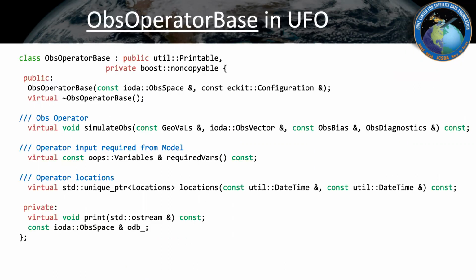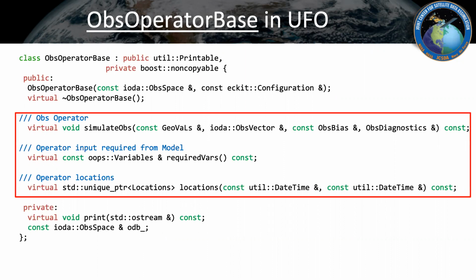So now that you've seen the YAML side, I'll just very briefly touch on what the obs operator object looks like in C++. So every operator in UFO inherits from this base class. And for those who don't know what that means in C++ terms, that means that all of the operators have the same general interface, but they specialize a couple of key functions that always will have the same signature.